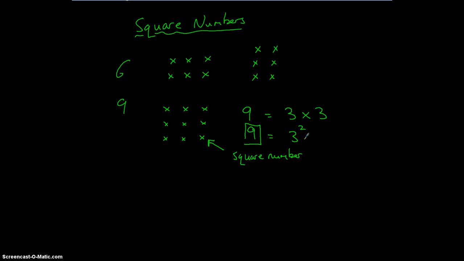So what other square numbers do we have? I'm going to just leave a space there, but 4, well that's 2 times 2, which is 2 squared. So 4 is a square number. 9 we just looked at, 3 times 3, and that's 3 squared. What's the next one?